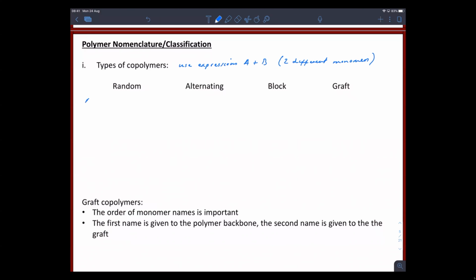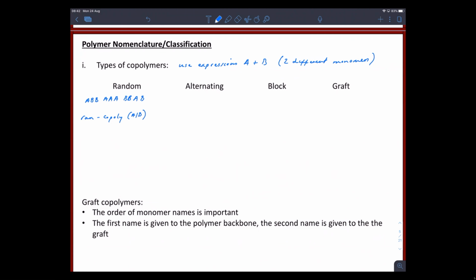Random would be something like A, B, completely random. And that would be called RAN copoly A/B.